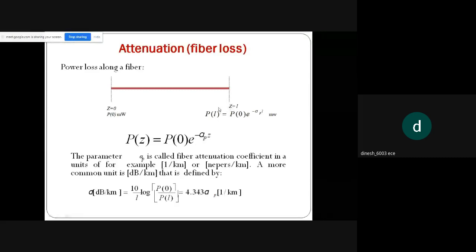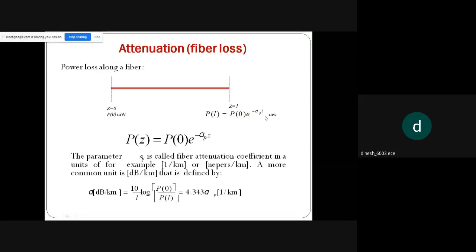So the measurement of power P0 is at the transmitter and PL is at a distance of L. Then we can find the power present at L, which is P of naught into e power minus alpha P into L.